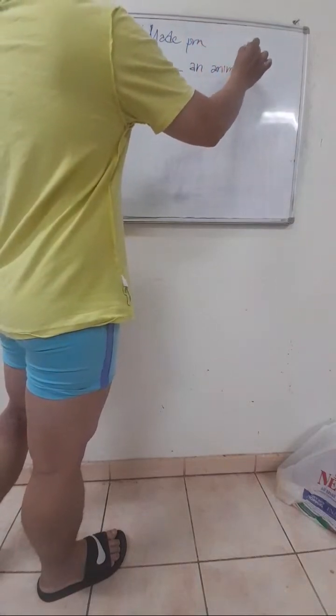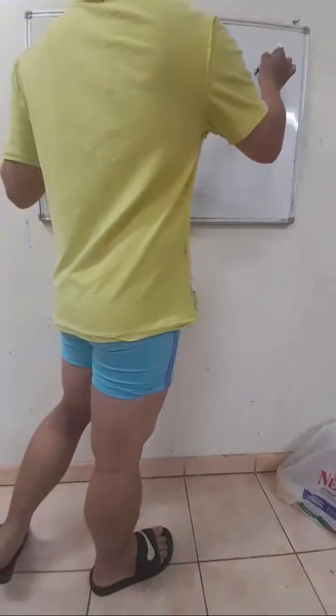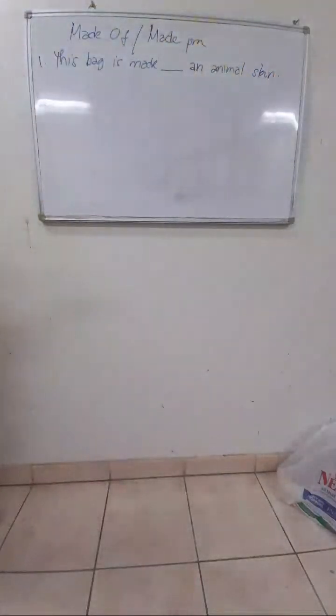So we will think of a particular sentence on the spot for this made of and made from. I really do this intentionally so that we can practice thinking critically and analytically. That's number one. Number two, we need to construct our sentences well. Number three, we can write well and communicate well.